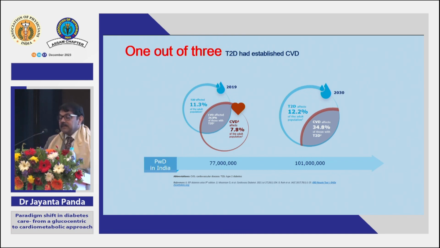cardiovascular diseases, and CVD affects 7.8% of the adult population. If you compound the diabetes and the CVD together, the ICMR INDIAB data already shown to you that with a prevalence of 11.3% diabetes and 7.8% cardiovascular comorbidity, it comes around 34.8%. 34.8% CVD affection in the patients who are having diabetes.